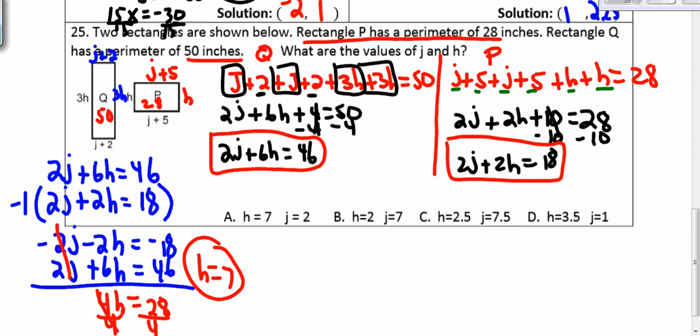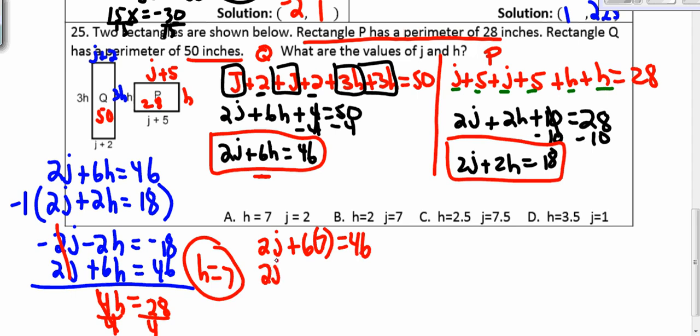Then I'm going to substitute back into the equation, maybe this one, the bottom one right here. So it's 2j plus 6 times 7 equals 46.